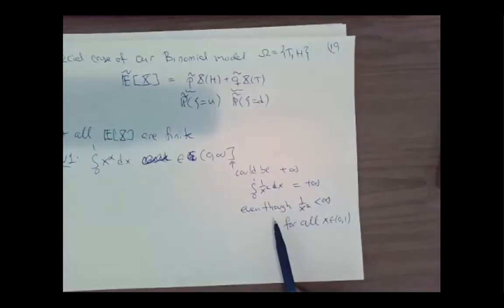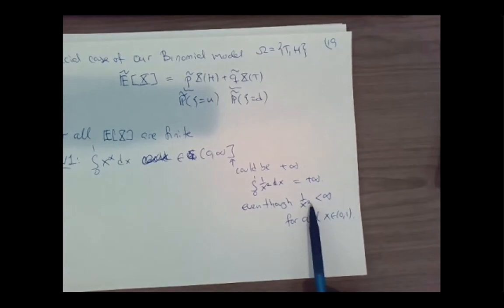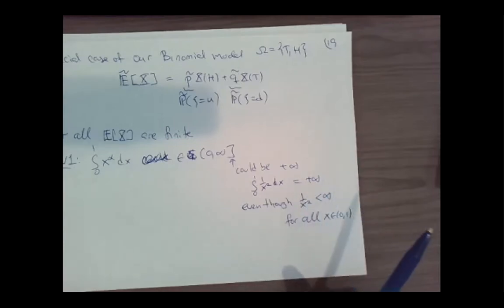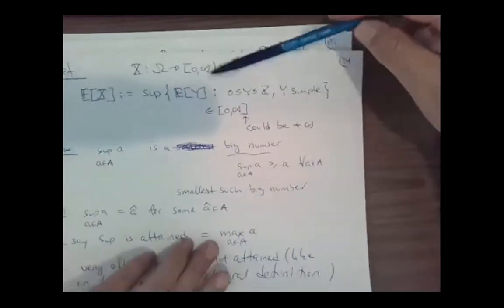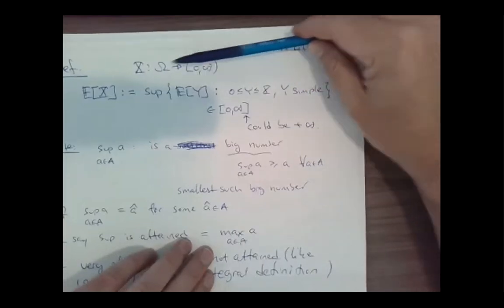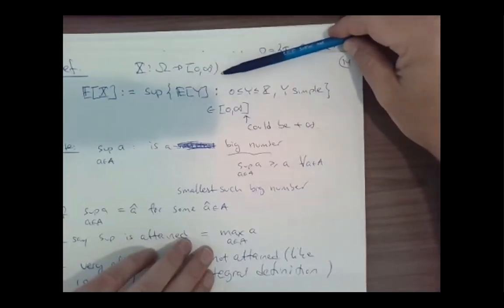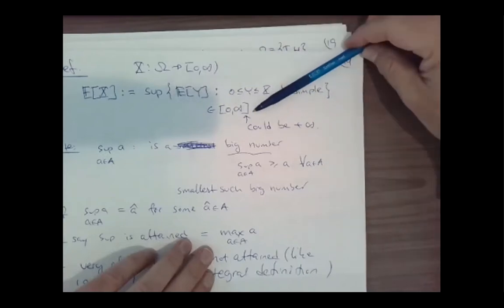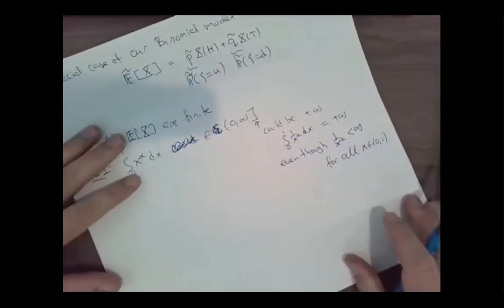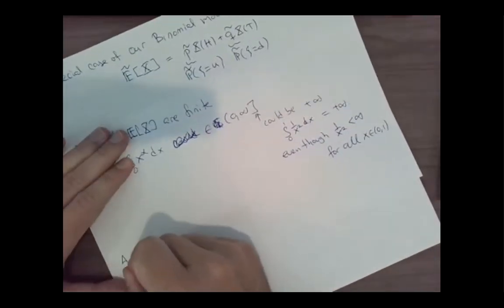So you're taking a function which is finite, and you can integrate it, and it can blow up to plus infinity. This is a situation that I'm allowing for here too. You have a measurable function, a random variable which is finite, but when you integrate it, it could blow up. Here was one example in your homework, and let me just show you a similar example.